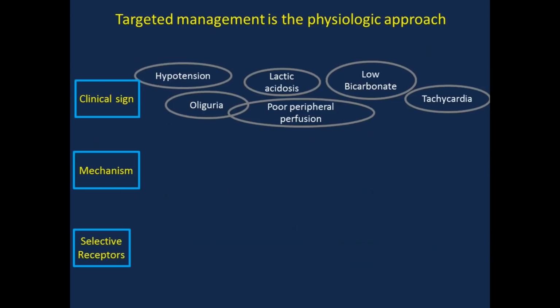So we have clinical signs, which could be hypotension, oliguria, lactic acidosis, low bicarbonate, poor peripheral perfusion, or tachycardia. But we need to know the mechanism. To target your management, you need to know the mechanism of compromised blood flow. So if we have a high afterload, you need to treat that with a vasodilator.